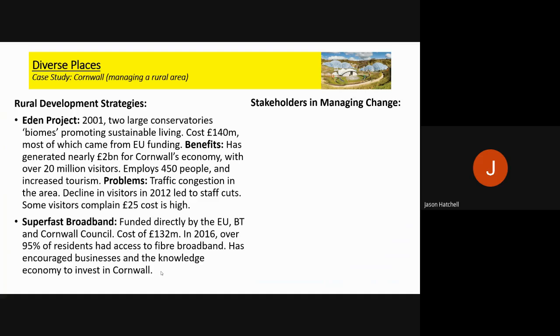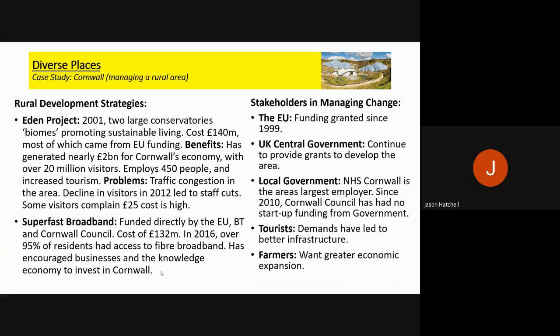And finally, we need to look at the stakeholders in managing this change. So who is affected, who has an interest, and who has been involved? The EU. The EU has been granting Cornwall funding since 1999. And in fact, Cornwall is one of the places in the UK, along with Wales, that has a net gain of EU funding over the past 20 years.